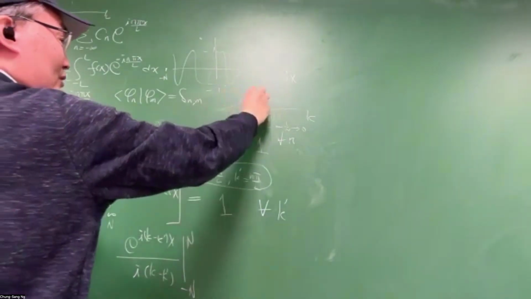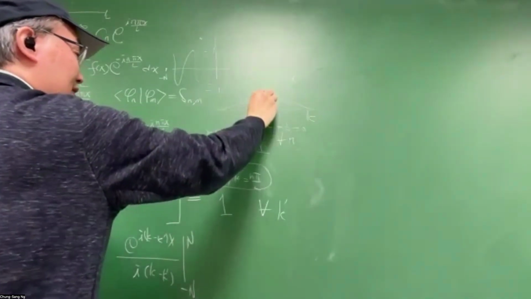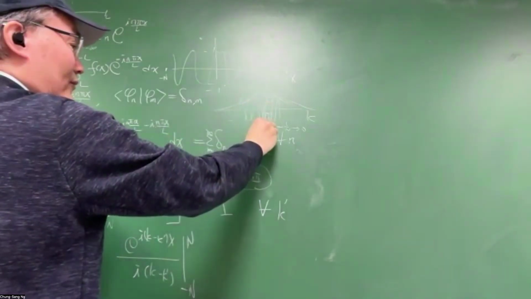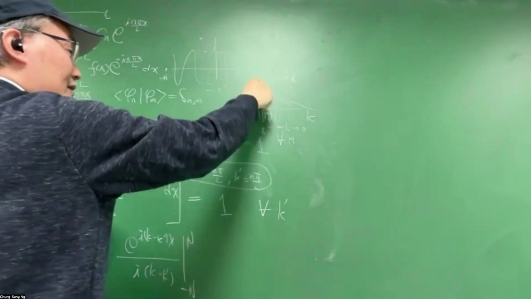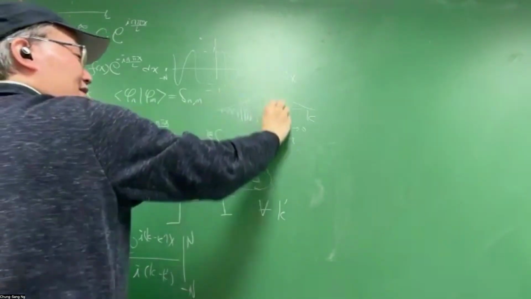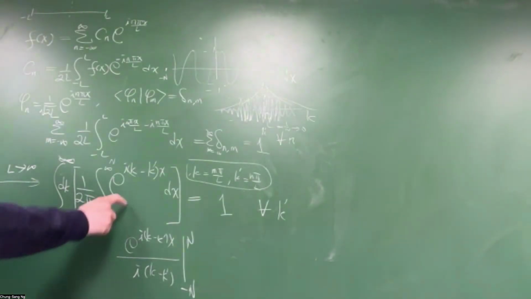Actually, the profile is 1 over k minus k prime. At k equal to k prime you get infinity, and at k not equal to k prime it is oscillating like crazy, right? So that is this object.